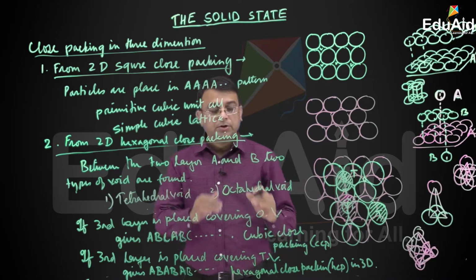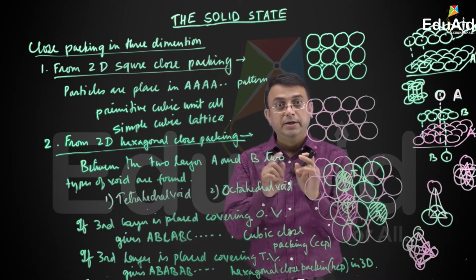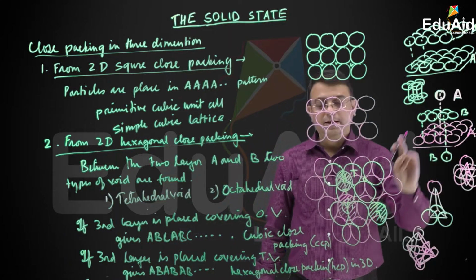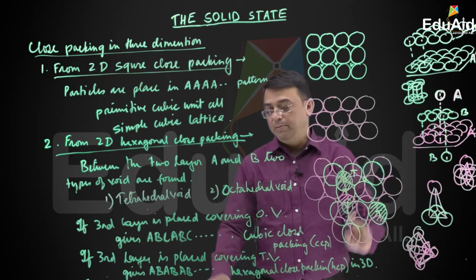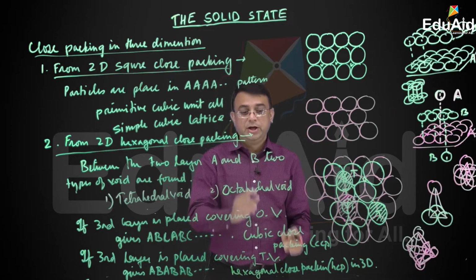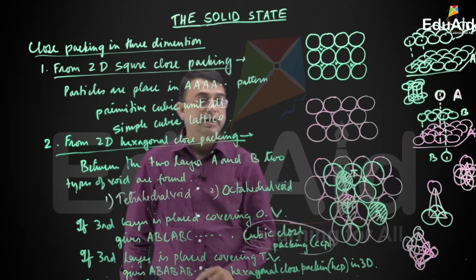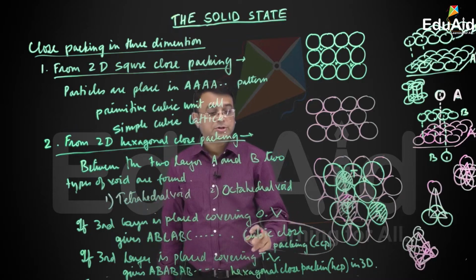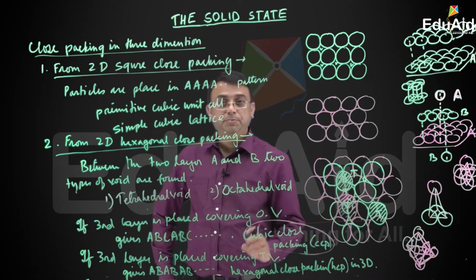Okay? Now, based on this, we will try to put the third layer. If the third layer is placed at the octahedral void, then we have an ABC pattern, and that type of close packing in 3 dimensions is called cubic close packing, CCP.